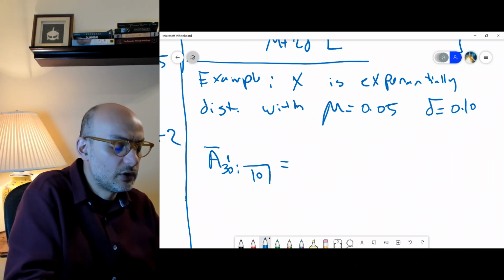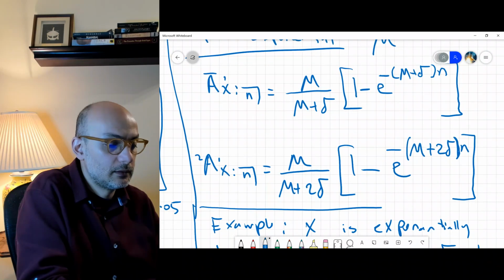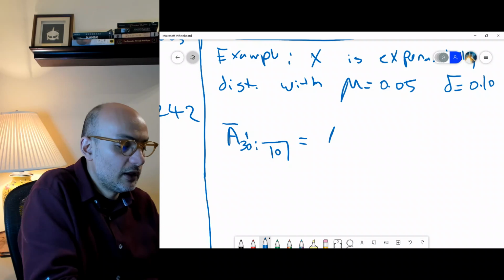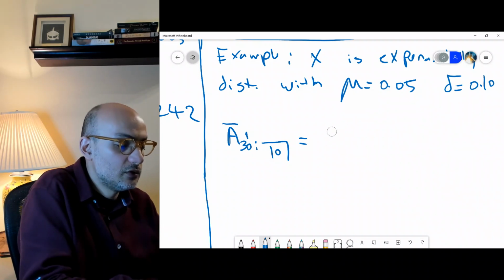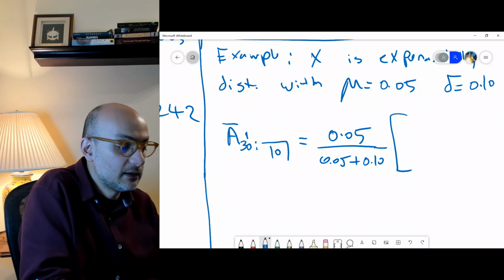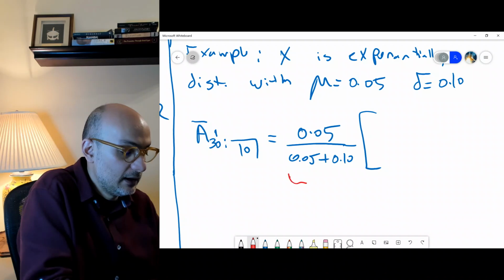This is simple. We look at the formula here. We already have the formula here, right? And we apply it. We plug in. It's similar to the life insurance, which is mu over mu plus delta, so 0.5 over 0.5 plus delta, which is 10%, now multiplied. So up to here, this is like the A bar x.